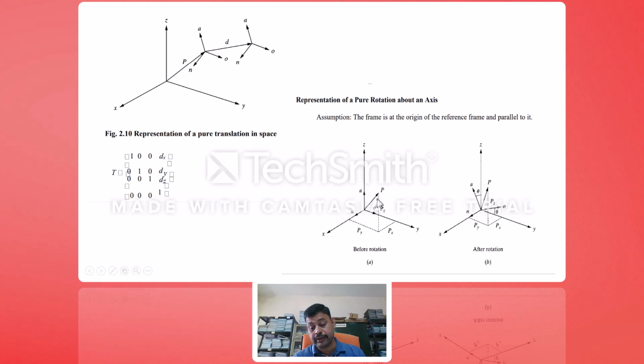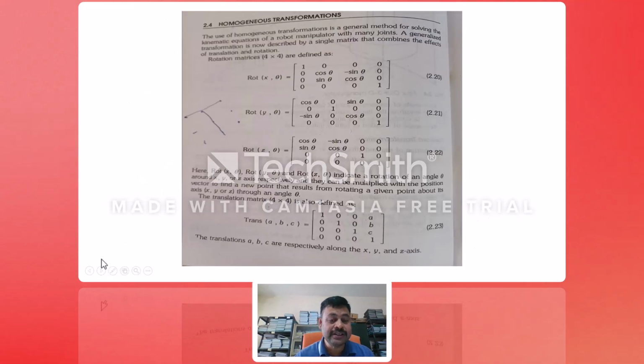Before rotation, P will have a px distance from the x-axis and this distance from the y-axis. After rotation, it will be like this, right? After rotation, you look at a certain angle of theta. Initially it is available at this position, and it is making a certain angle. This can be represented like this.